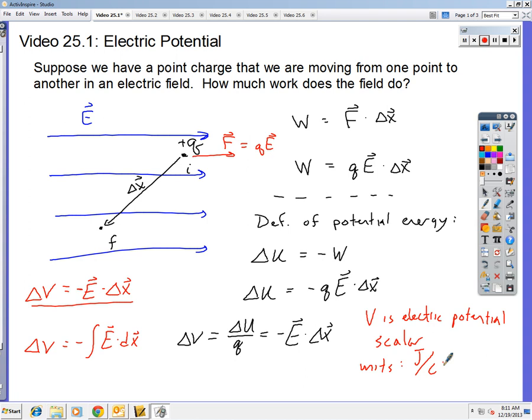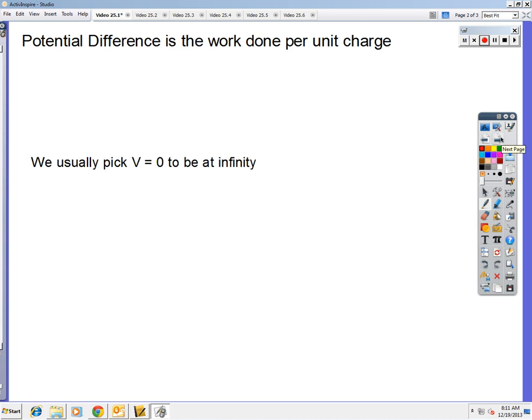This is the definition of electric potential, negative E dot delta x. Another way of expressing it is that potential difference is the work done per unit charge. And this is the work done by an outside force, which is the same thing as the negative of the work done by the field.